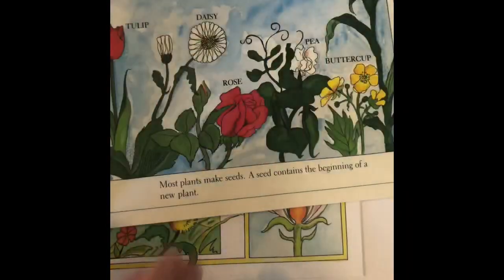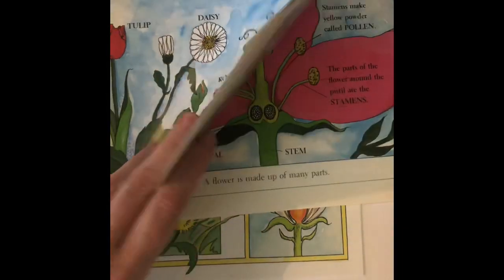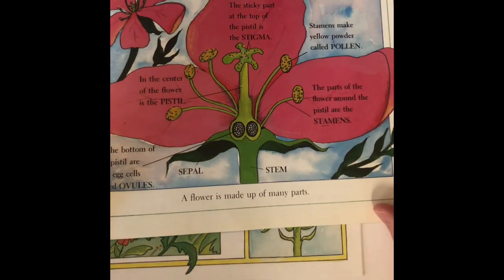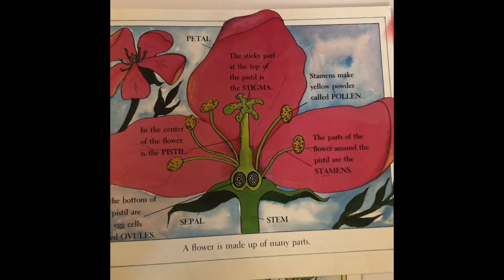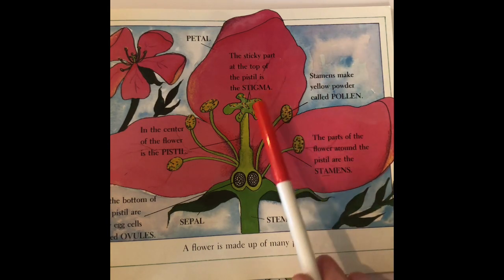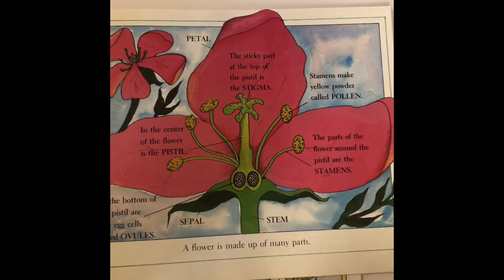And we've read also a book by Gail Gibbons, From Seed to Plant. And I'm going to go back to the part in this book that shows us the parts of a flower. And here we see this is the stigma and this is the stamen. So now the pollen from the stamen needs to be transferred to the stigma in order for pollination to take place.